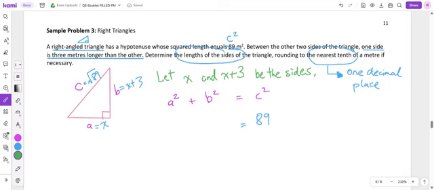Okay, so the question is this. How do I put regular 89 here and not the square root? What the question says is the right angle triangle has a hypotenuse whose squared length is 89.